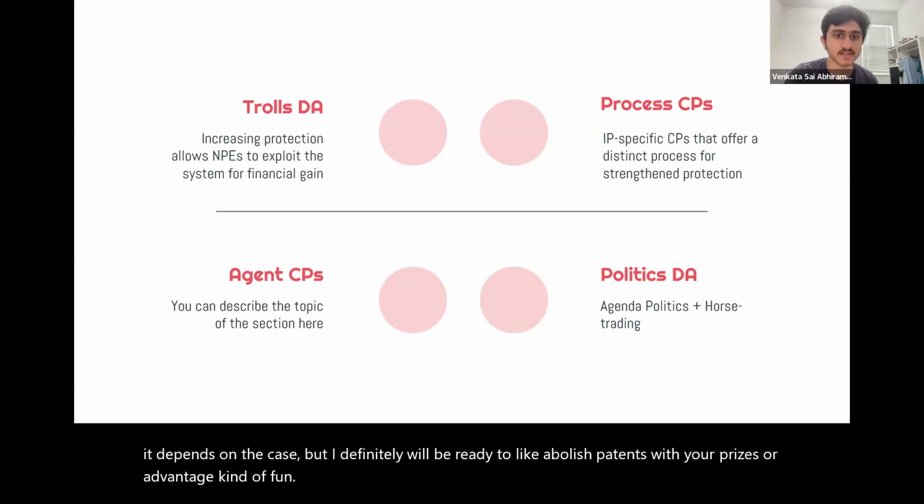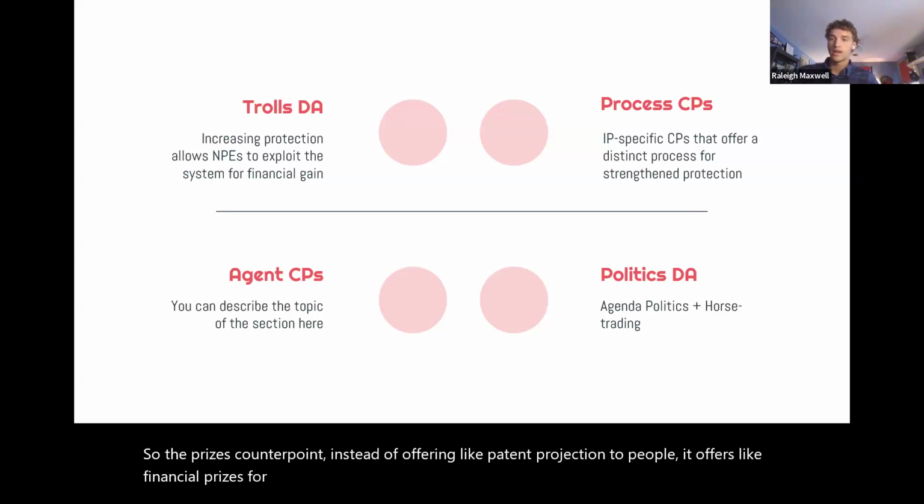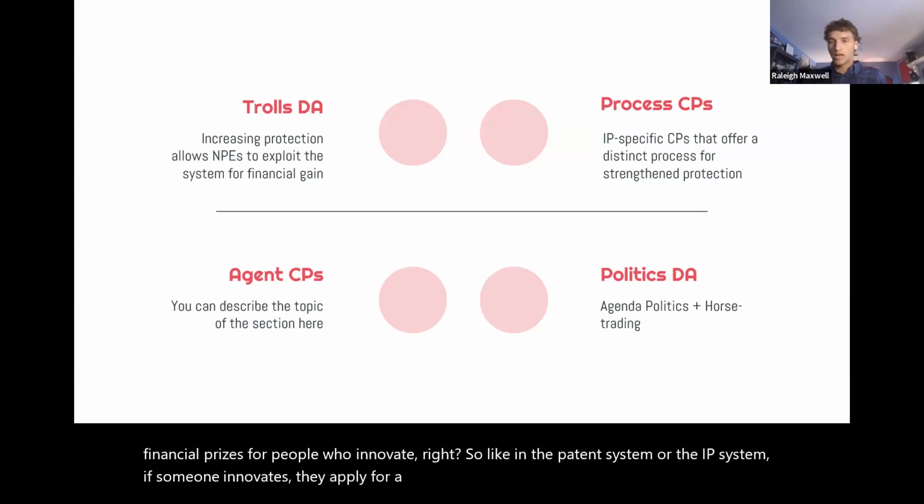What exactly is a prizes counterplan? Yeah, so the prizes counterplan, instead of offering patent protection to people, offers financial prizes for people who innovate, right? In the patent system or the IP system, if someone innovates, they apply for a patent, and the reward is that they get protection over that patent, no one else can use it.